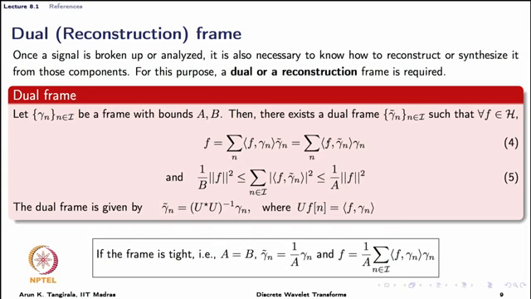Now, let us get back to equation 4. What this tells me here is I could switch the roles of gamma n and gamma tilde. What this result, or theorem, says is that I can use gamma for analysis and gamma n tilde for synthesis, or I can use gamma tilde n for analysis and gamma for synthesis.